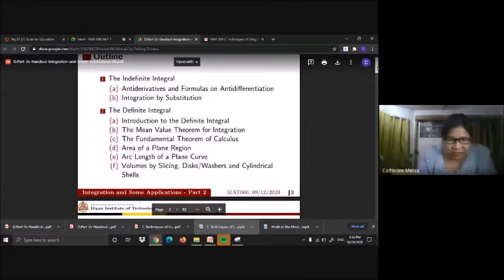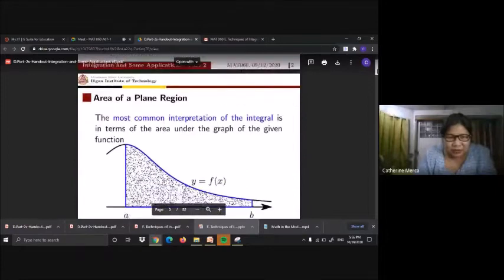So you have here your anti-derivatives and formulas of anti-differentiation on part 1, then integration by substitution na discuss na natin last meeting. So this one, area of a plane region.